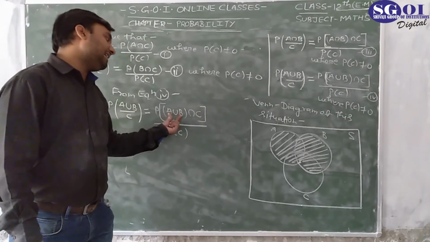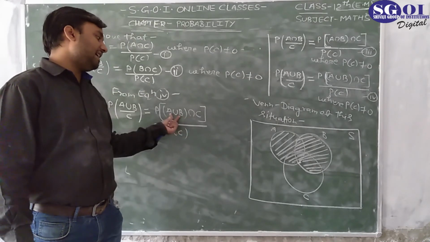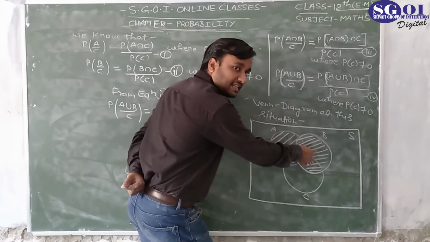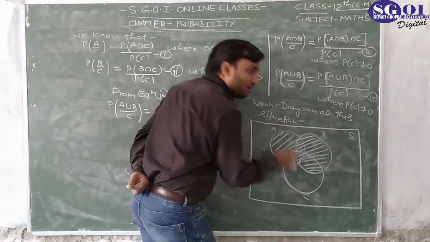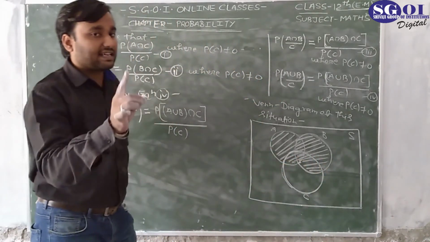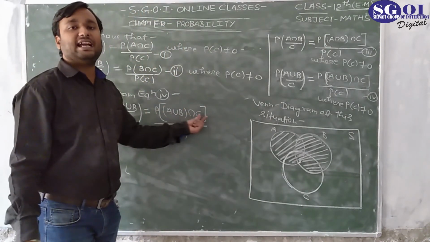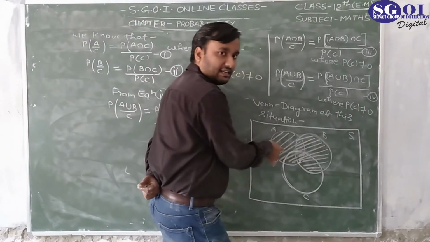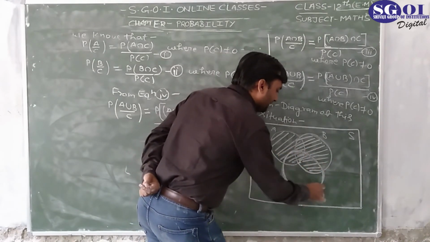But we have to find intersection of A union B and C. So A union B means this shaded portion, and C means this circle. So what is the common portion between the shaded portion and circle C? You have to see the common portion of A union B and C. So if you watch carefully, A union B is the shaded figure and C is the circle which I have drawn already.